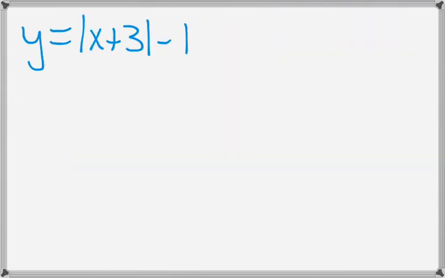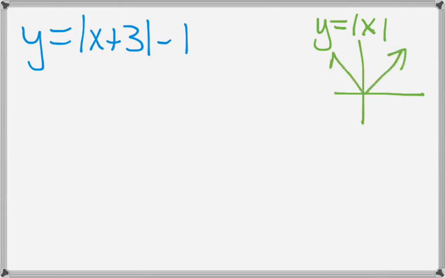Okay, let's look at another example. So here we have absolute values in our function, so that tells us that we're doing a transformation of our absolute value function. Remember, this is the one that has a V shape. It shares some points in common with y equals x squared, particularly these 3.